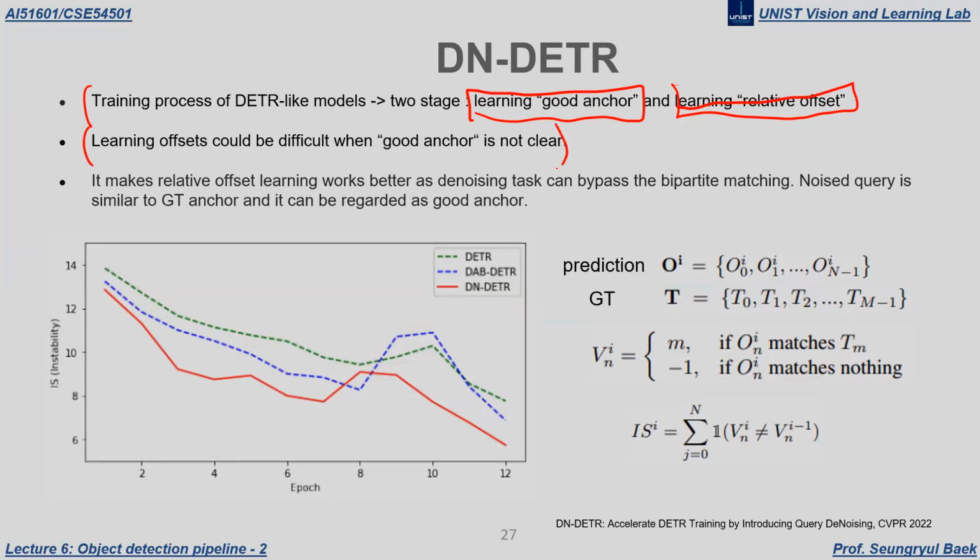So the second part is not trivial to optimize when the first part is not matured. During DETR training, they first train to obtain good anchors. Roughly, they match the object queries to the ground truth, and then they fine-tune the details.